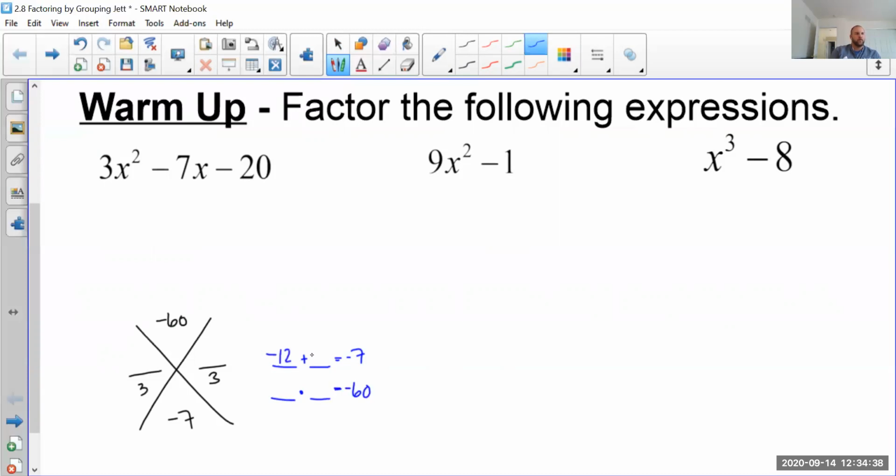So negative 12, positive 5. So we put those numbers here, negative 12, positive 5. 5/3 can't be simplified, so x goes in the denominator. This can be simplified, so that's going to give me negative 4 over 1x. So my final answer here is going to be x minus 4, 3x plus 5.